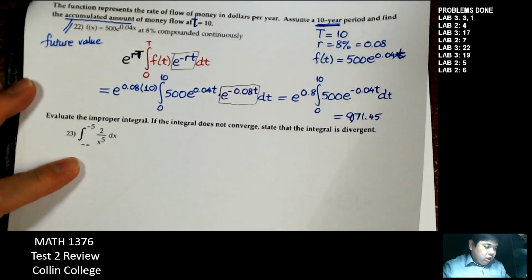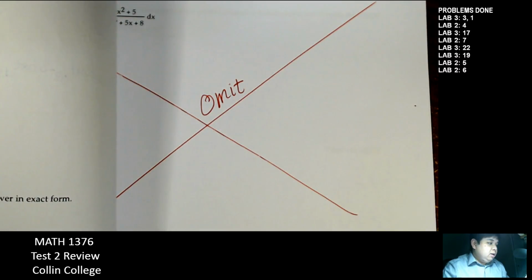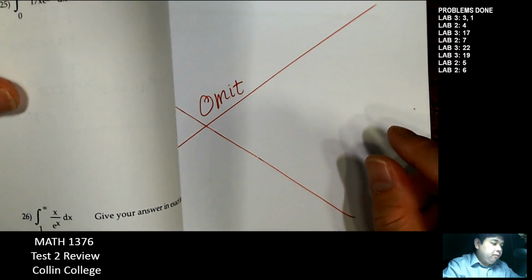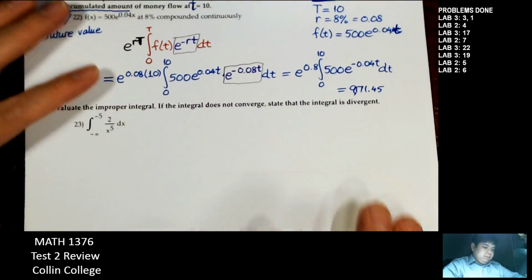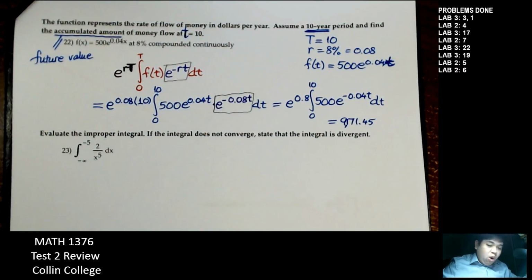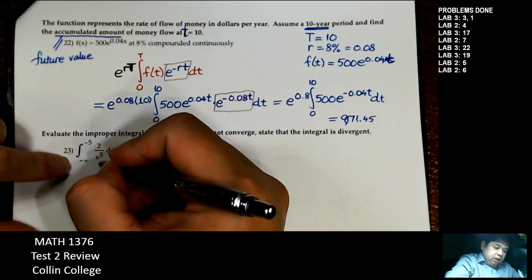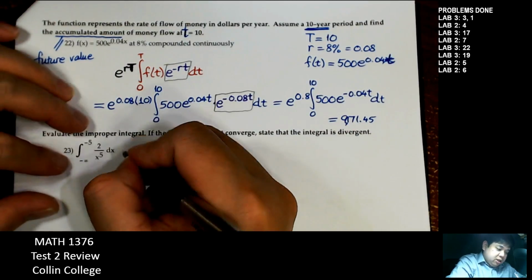I do 23 and then 26. 23. So improper integral, there's no real formula for it, except we're going to just change the infinity to a constant.